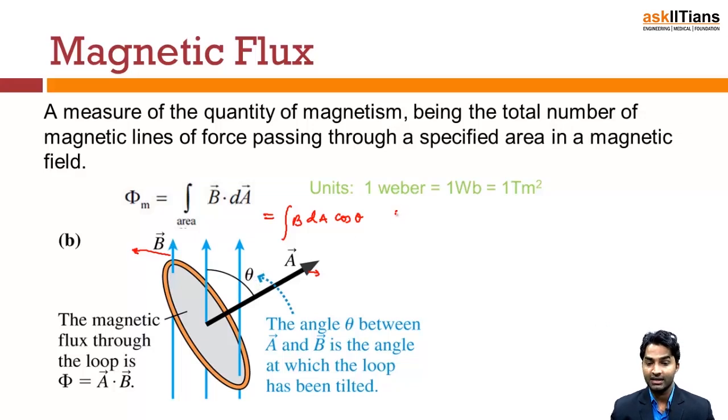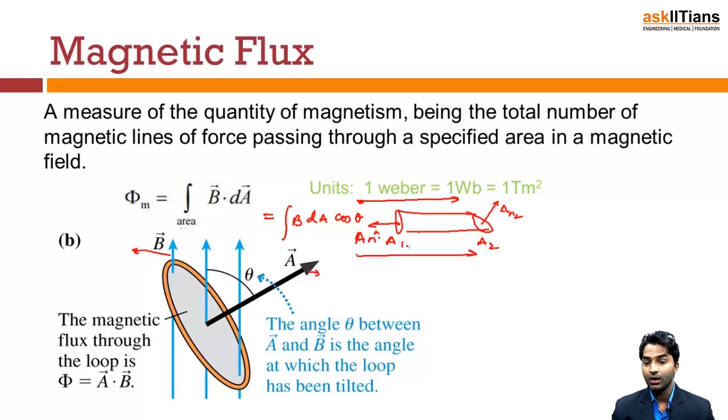So we can represent the case like this. If this is area A1 and this is area A2, the normal direction radially outward is A1 cap and A2 cap. Now, when we allow magnetic lines of force from port A1 to port A2, the angle between B and A1 is actually 180 degrees, meaning pi.